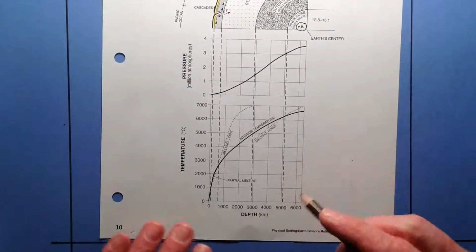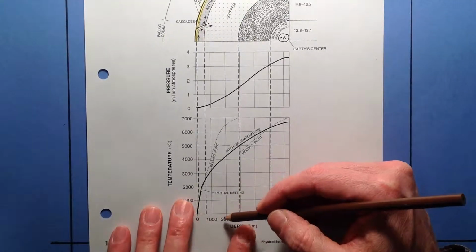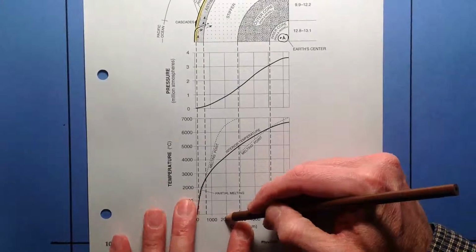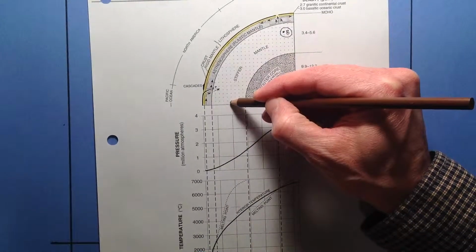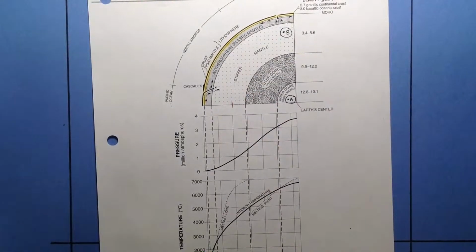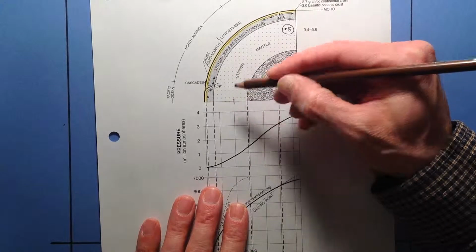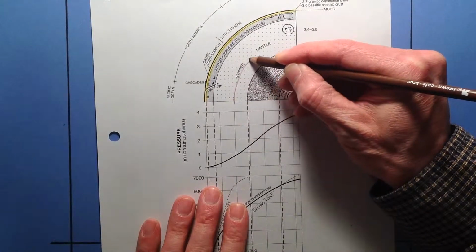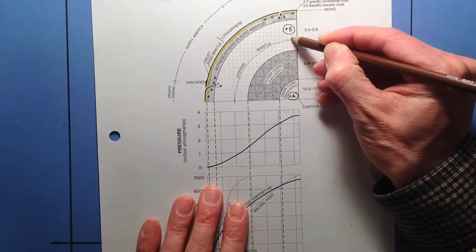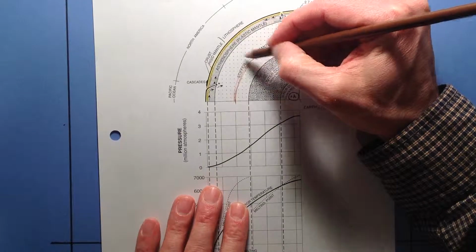2,000 to 3,000. So a depth of 2,000. I'm going to draw a line at 2,000. So it's this right here, 2,000 up to here. Realizing this is curved, I'm estimating it off here, and anywhere on this line is about 2,000 kilometers down.